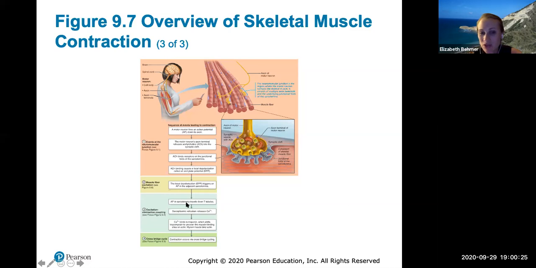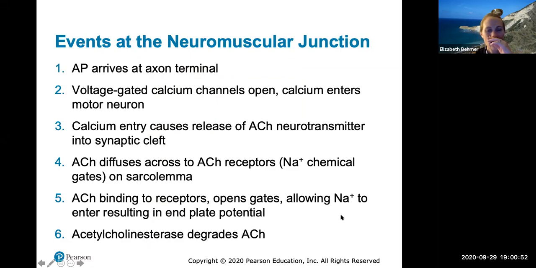The action potential travels down the T tubules, and that causes your sarcoplasmic reticulum to release calcium. Calcium will bind to troponin, one of the regulatory proteins on actin. When it does that, it shifts tropomyosin, those spaghetti-like structures, off of the myosin binding sites. So myosin heads can then bind to actin, and contraction will occur via cross-bridge cycling. So these are the events at the neuromuscular junction.